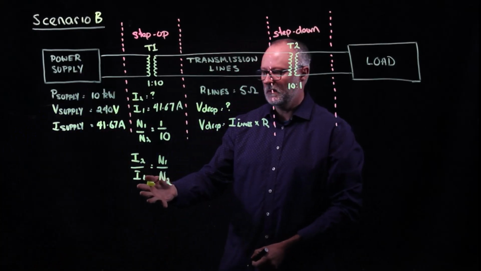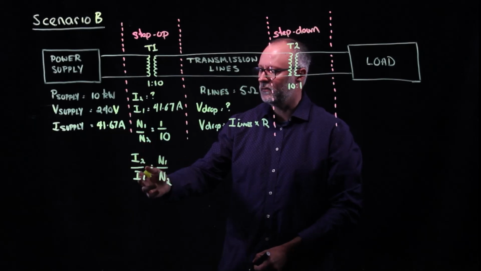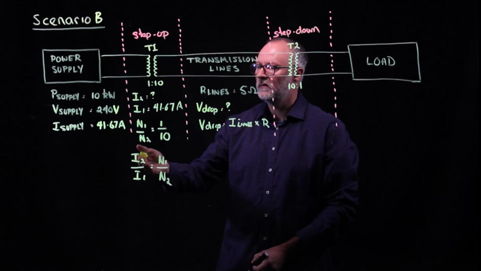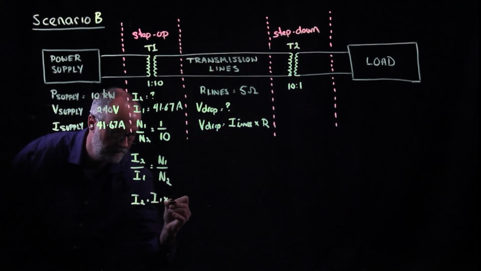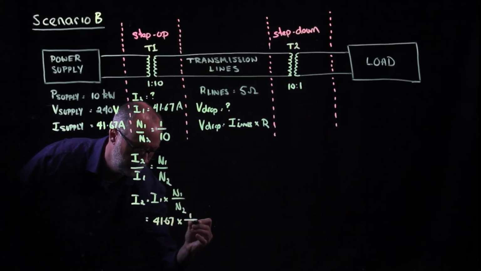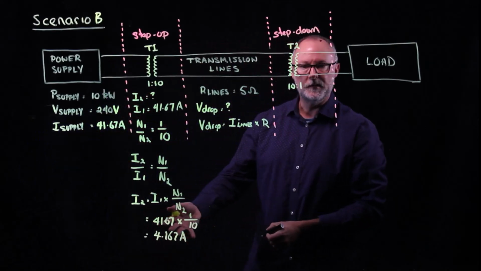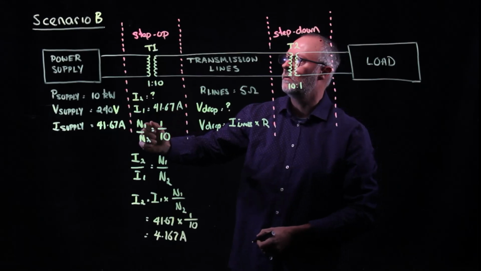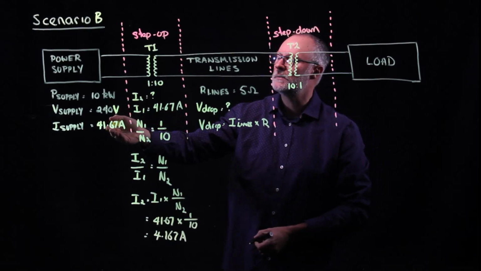Here's our starting equation. The ratio of the currents in coil 2 to 1 is equal to the ratio of the turns of 1 to 2. Let's now solve for I2. There we have it. The current enters the transformer into coil 1 at a value of 41.67.